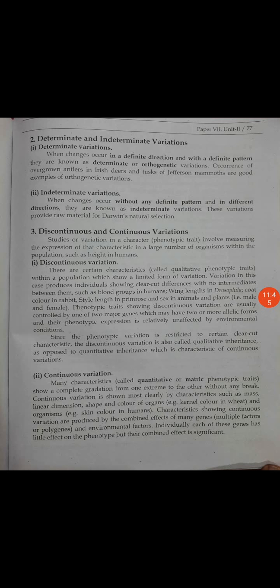So they are continuous variations. Characteristics showing continuous variation are produced by the combined effect of many genes and environmental factors. Individually each of these genes has little effect on the phenotype, but their combined effect is significant. So this is the continuous variation.